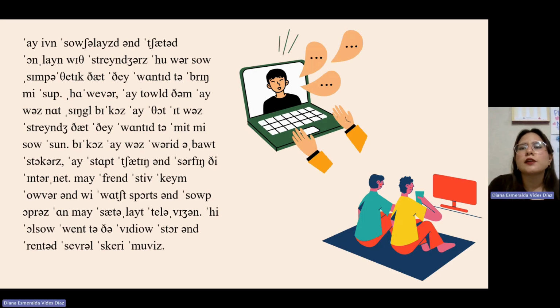I even socialized and chatted online with strangers who were so sympathetic that they wanted to bring me soup. However, I told them I was not single because I thought it was strange that they wanted to meet me so soon. Because I was worried about stalkers, I stopped chatting and surfing the internet.